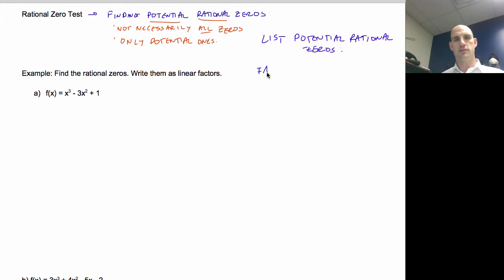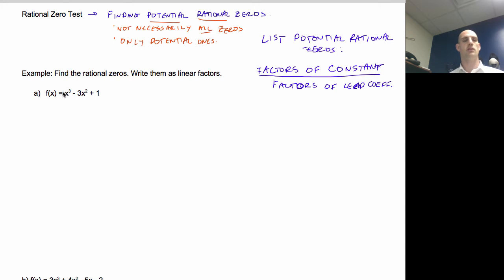So factors of constant over factors of lead coefficient. Okay, so this is what it looks like. Let's try it on this one.